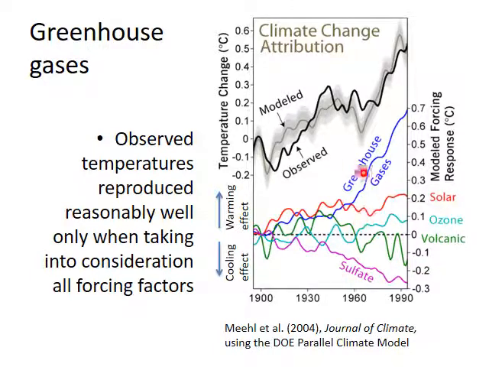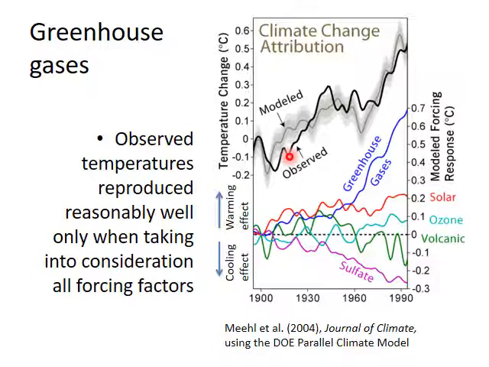If you put all that known history of forcings into that model, the model reproduces quite well the observed history of temperatures shown here in black. This indicates the model is not only doing a good job, it's also considering the right amount and strength of the individual forcings.